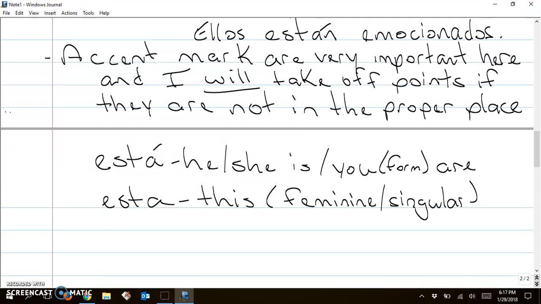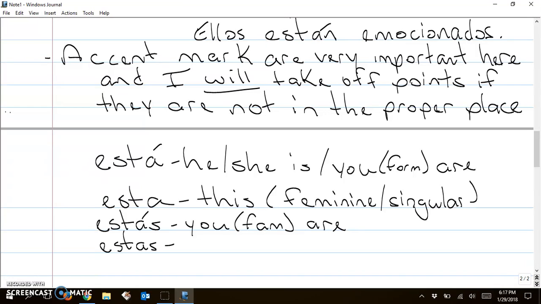By the same token, estás, you, familiar, are, and then you have estas, which is these, feminine, plural. So accent marks are very important here. Make sure you remember those.